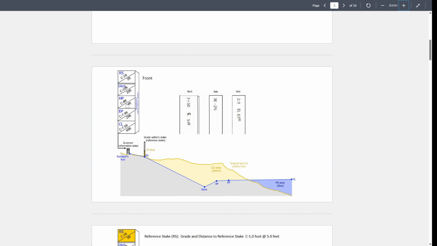Sorry, guys, I was on the hinge point. To get to the ditch, I go down 10 feet and out 20. So what is that slope? Well, to find the slope, given the vertical and the horizontal, you take the horizontal and divide it by the vertical. Horizontal 20 divided by vertical 10, that's a 2-to-1 slope, guys and gals.